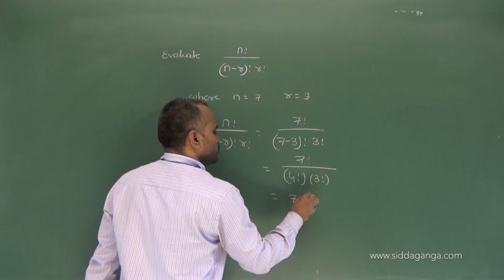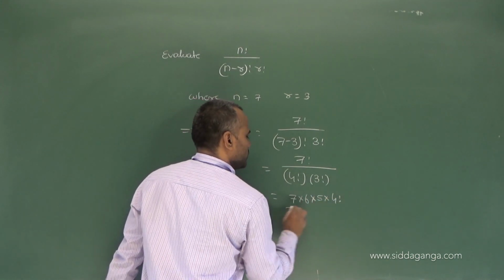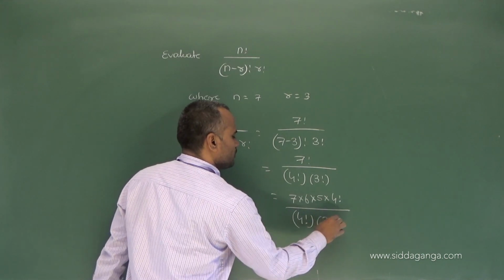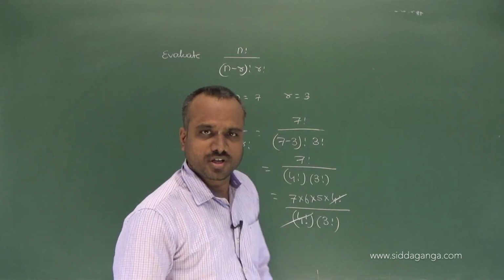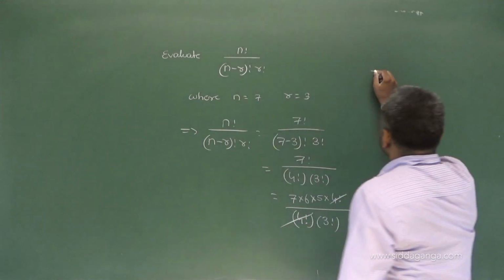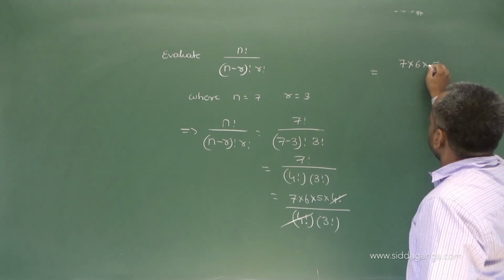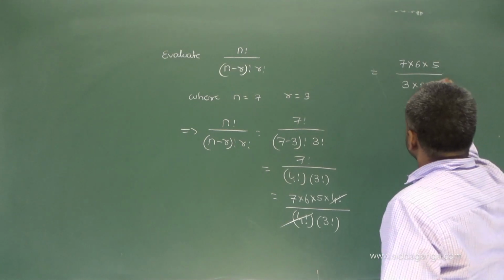7 into 6 into 5 into 4 factorial divided by 4 factorial into 3 factorial. 4 factorial gets cancelled. So that is equal to 7, 6, 5 divided by 3, 2, 1.